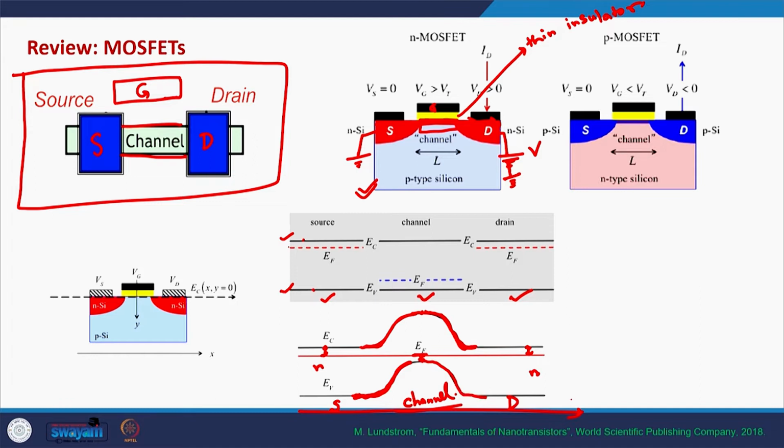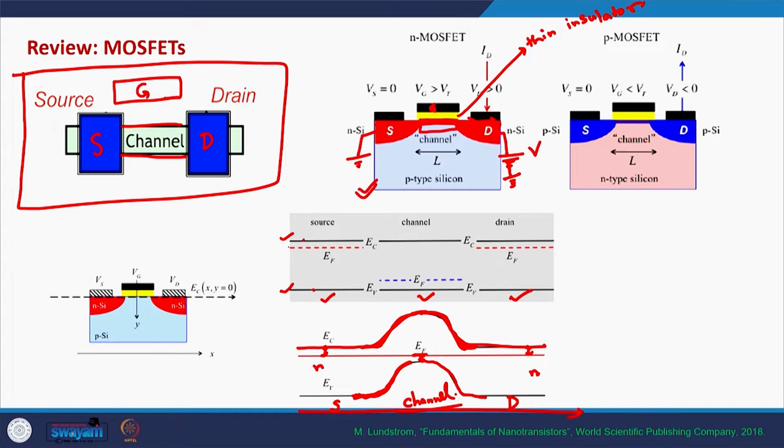In this way, if we just look at the conduction band edge, we have this kind of shape.